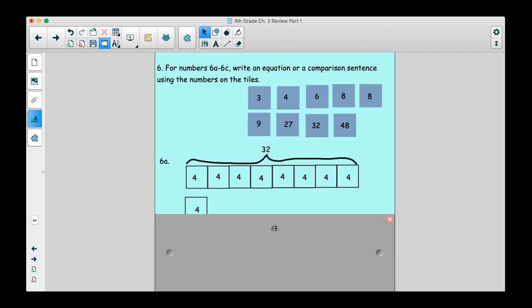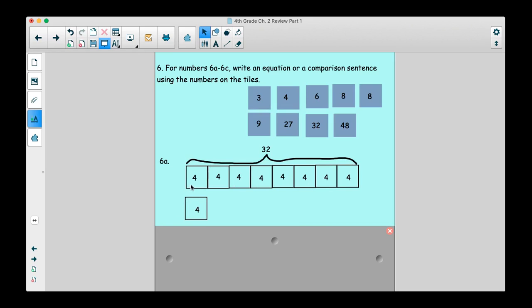So here's 6A, and this is already done for you in your book. Here is 1 square, and this square is worth 4. And 1, 2, 3, 4, 5, 6, 7, 8 of these little 4 squares could fit into this larger rectangle, right?